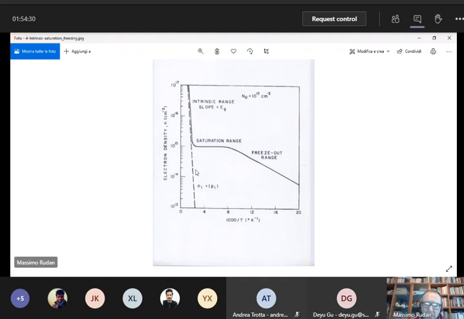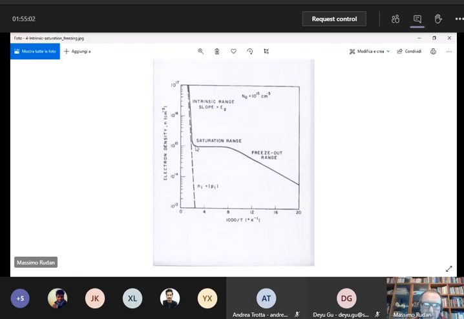So at large temperatures, the intrinsic concentration, that is the electron-hole pairs provided by silicon, will dominate again with respect to the dopants, and the contribution of the dopants will become unimportant. So at large temperatures, the semiconductor will behave as if it was intrinsic.